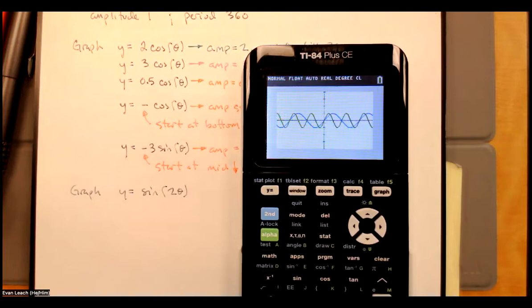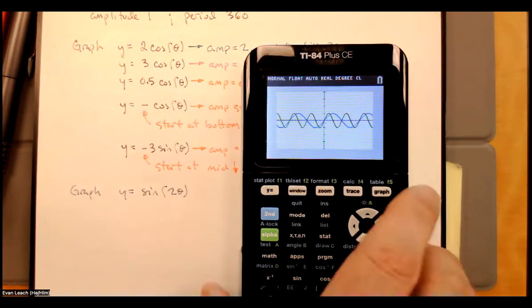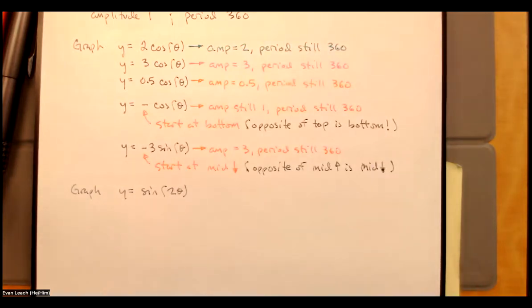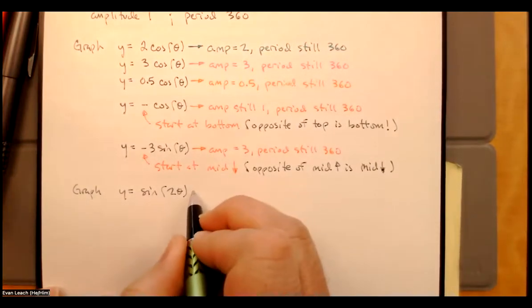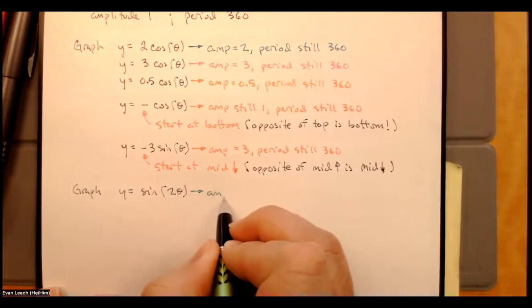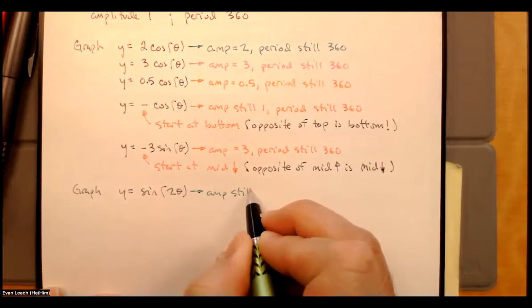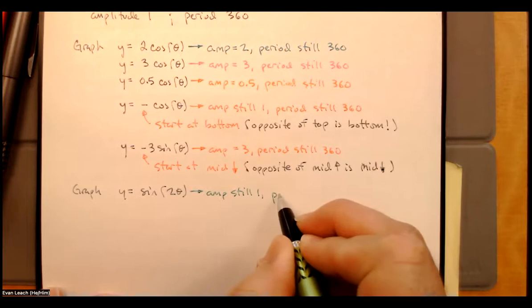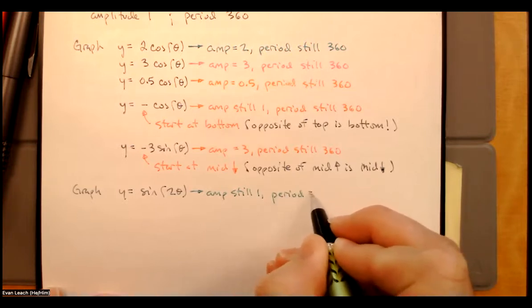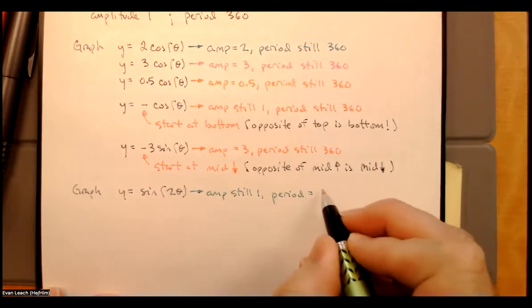The amplitude is still 1, but the period is now half of the 360. It's doing 2 in 1. So the amplitude is still 1. But the period is half of 360.